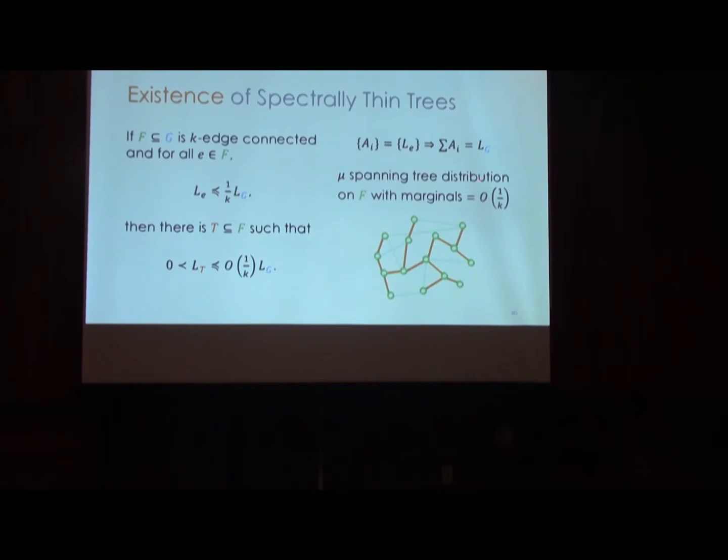It's going to be the spanning tree distribution on the subset of edges F. I previously showed in the first part of the talk that if a subset of edges is k-edge connected, you can always take a lambda-uniform spanning tree distribution whose marginals are bounded by 1 over k. So that's going to be your strongly Rayleigh distribution.